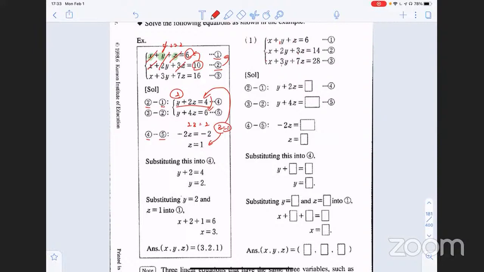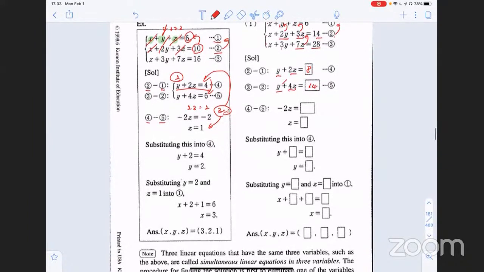If I'm using number 2 minus 1, again, I want to be dealing with the positive number. I'll get 2y minus y, 3z minus z, 2z, y, and this one will be 8. Good. All right, if I use 3 minus 2, again, this will be 14, and this will be 4z, good, and this is y. Now I have the 2 equations right here.